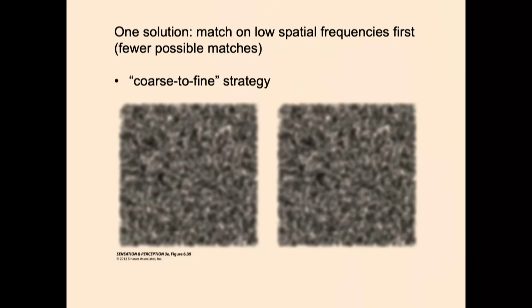Lower spatial frequencies don't have as many possible matches between the two images, so you can settle on a good match with an easier search, and then hone in on a more fine-grained match that would cause the higher spatial frequencies to line up as well. That's often referred to as a coarse-to-fine strategy. You see this in lots of areas of vision, where you first try to solve a problem at coarse spatial scales, and then refine the solution with higher spatial frequencies.